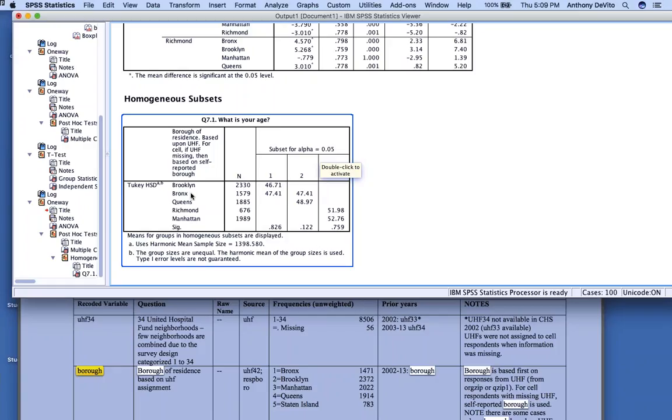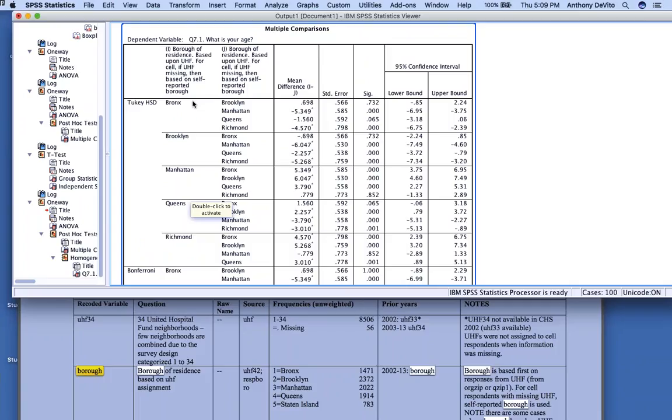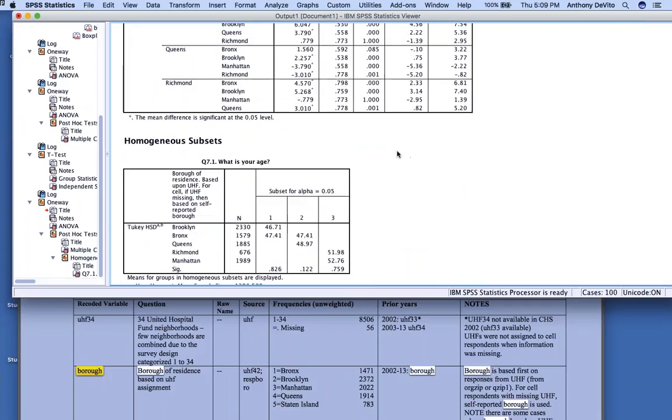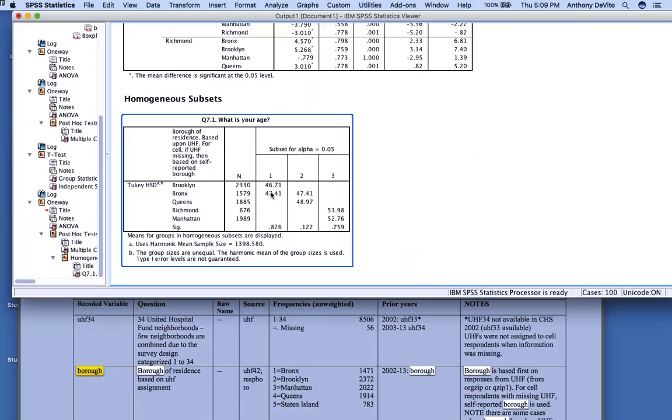And they highlight Brooklyn and the Bronx, which we know were not a significant difference. So that looks like it's highlighting the groups for which you could not reject the null hypothesis at alpha equals 0.05.